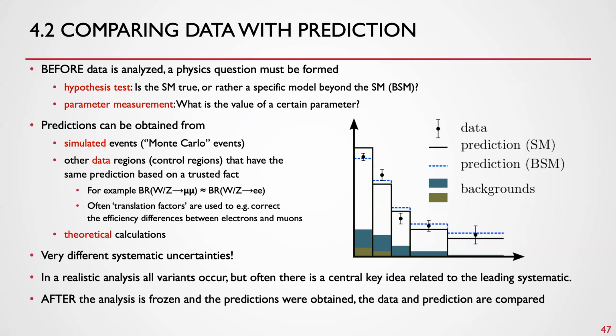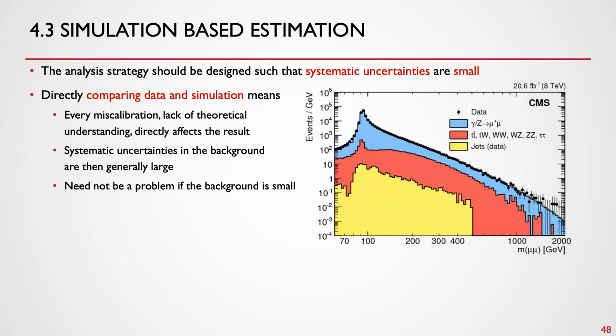That's where the bulk of the work goes. So after the analysis is frozen and the predictions and the uncertainties have been obtained, the data and the prediction are compared. Here's a simple example of what this can look like.